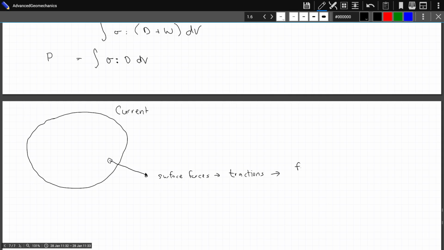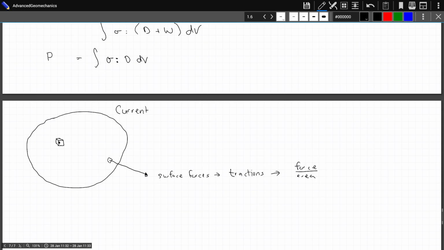And of course, they have units of force per unit area. It's a traction vector, right? Force per unit area, but it's a vector. Force is a vector. Also, if you considered some infinitesimal cube inside the body, then you could have body forces that act on it, and the most common one is gravity.